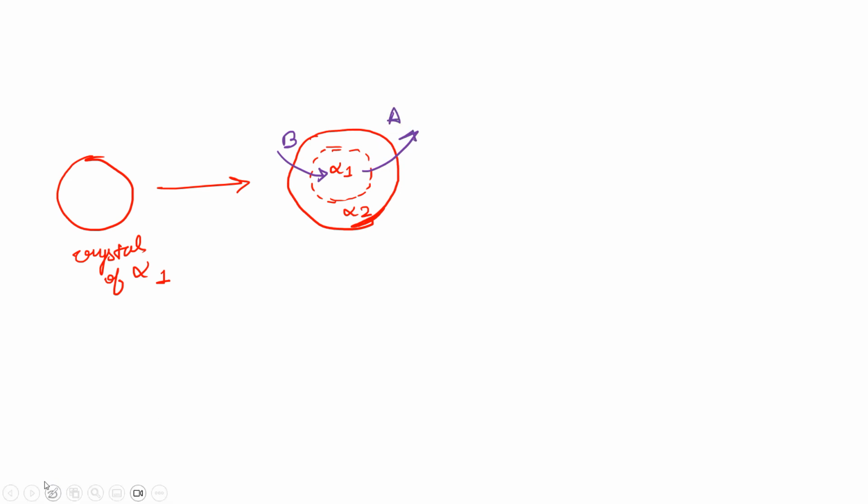Similarly, if I go on cooling it, because of the diffusion barrier, we have alpha 1 here. Again, we'll have a core of alpha 2 surrounding it, and at the very end, we'll have the crystals which are very recently formed, but their compositions are much different than the earlier precipitated crystals.